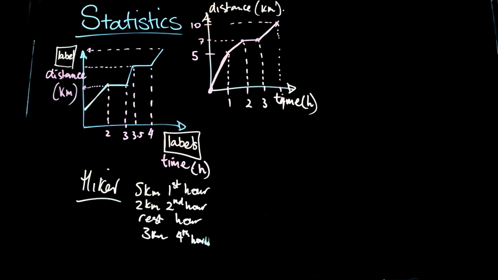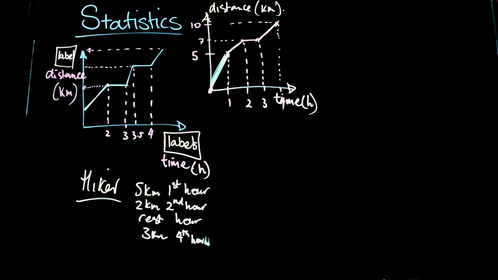So just think back to the first hour, they covered 5 kilometers in the first hour. So this line here, it's probably hard to see now, but this line is the steepest of the line. We've covered the largest distance in that hour.